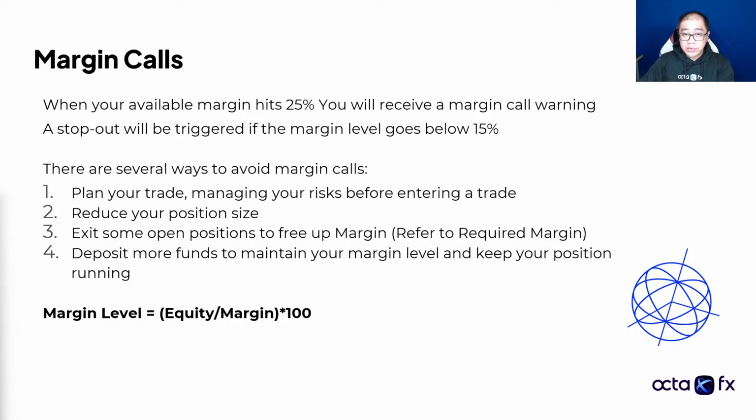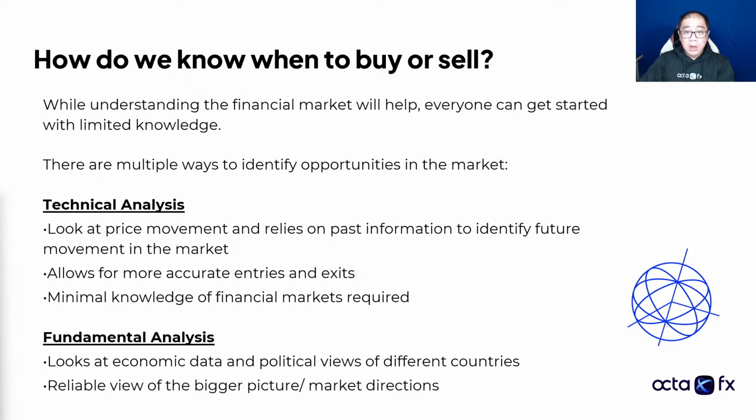Okay, so you need to refer to the required margin, or you can actually deposit more funds to maintain your margin level and keep your position running. So your margin level is actually equity divided by margin times 100.